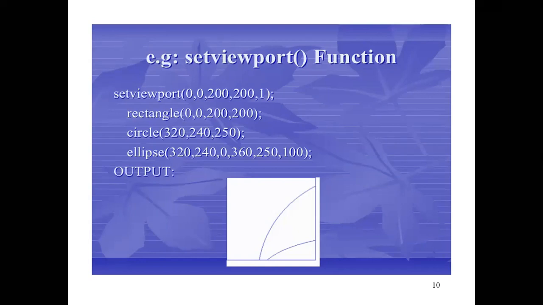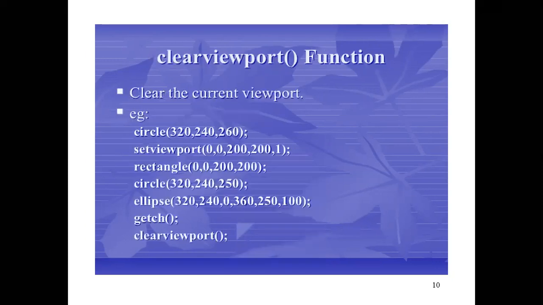Then you can draw the rectangle, the circle, the ellipse, parabola, hyperbola, whatever you want. Then you can check the corresponding output and use the same functions. So for that you can practice to run such programs.